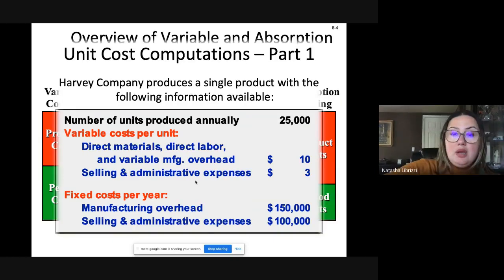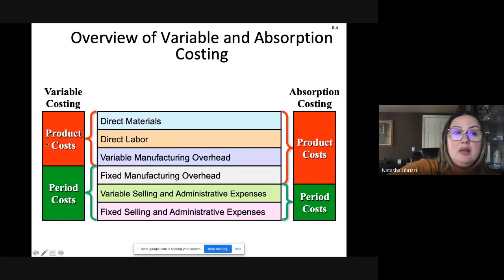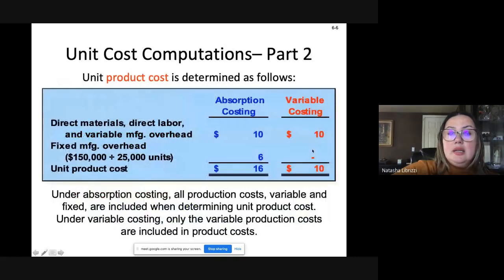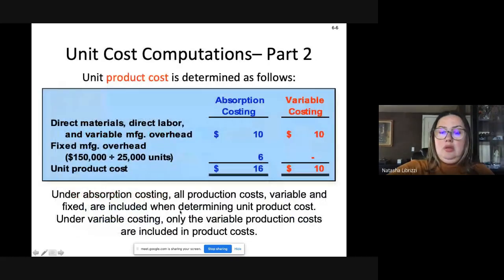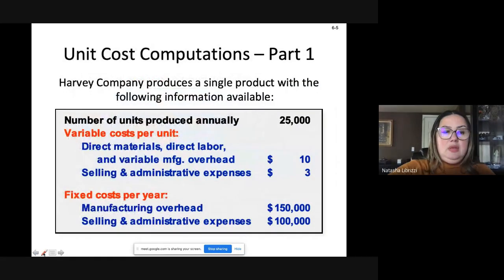So if I go here, this product cost right here is this number. I actually want to use the pen. So $10 is that cost.